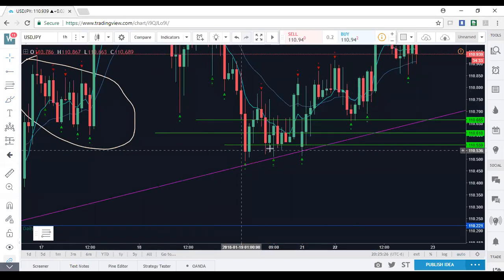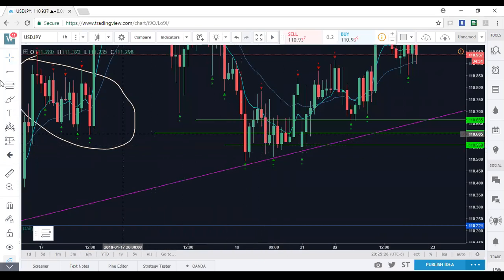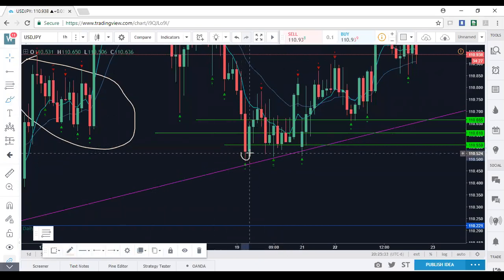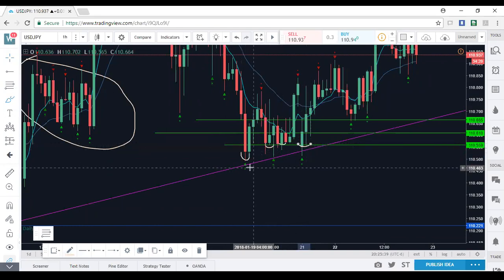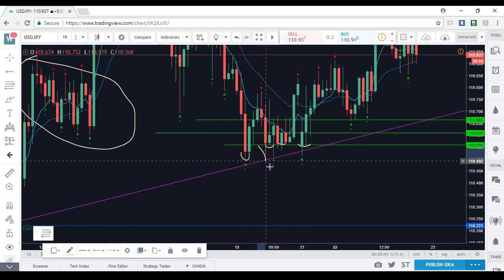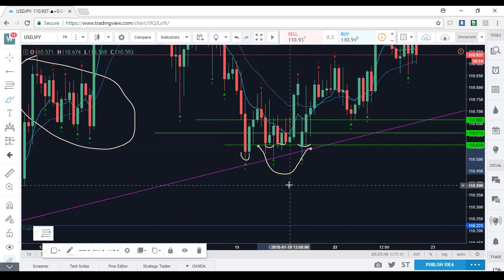Not only that, these lows: here's your lowest low, here's a higher low, all higher lows than this low. 1, 2, 3. That is a swing point within itself.